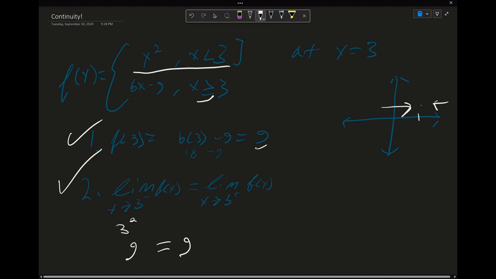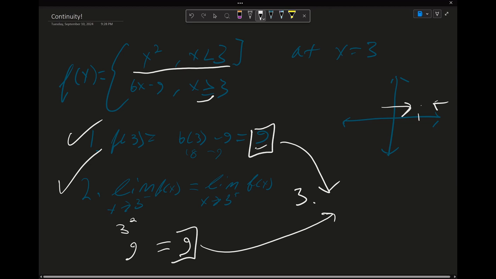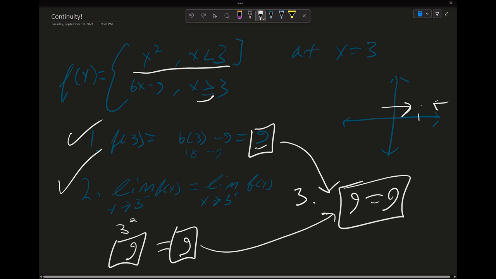And now the third and final step, we need to check that this value from the top is equal to these limits from the bottom. And if we check that here, we have 9 here, 9 here, 9 here, 9 equals 9. That is satisfied. So we know now that since this function has passed all of these steps, it is continuous.